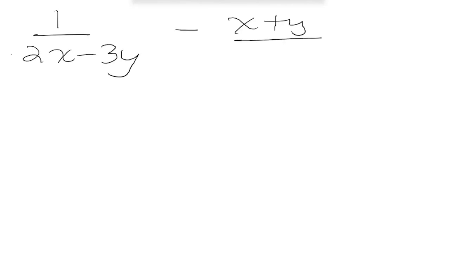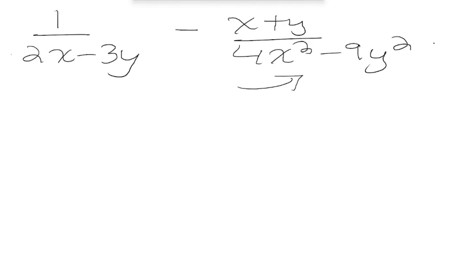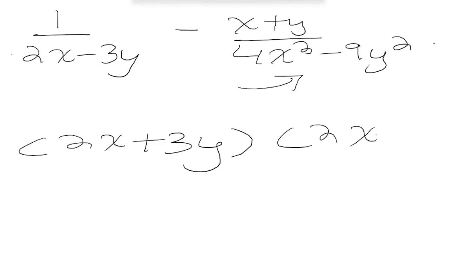Okay, so we have 1, so 1 just remains the same. 1 over 2x minus 3y is being subtracted from x plus y over 4x square minus 9y square. 1, the common value will just be 1. 2x minus 3y will also remain the same, but here 4x square minus 9y square gets simplified to 2x plus 3y and 2x minus 3y, because the third identity is occurring here, which is a plus b and a minus b.